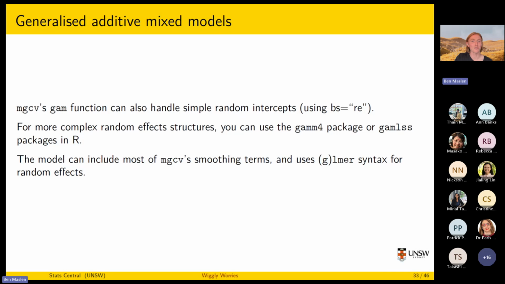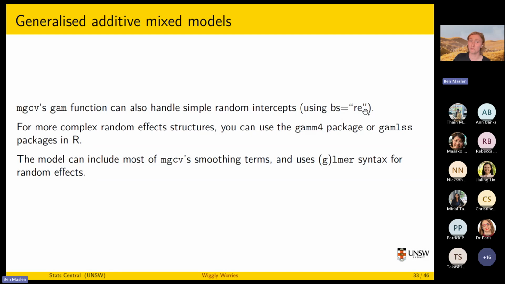Anyway, you can also have random effects in there as well. You can have a factor variable with random intercepts just by using the bs equals re term in your s call.